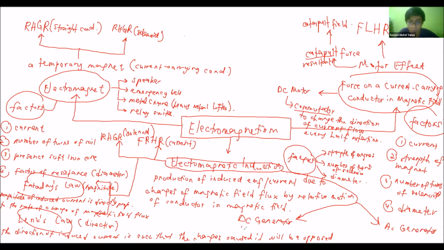The DC generator uses a commutator, like the DC motor, to reverse the direction of current every half rotation, whereas for the AC generator we use slip rings to collect alternating current, with brushes.